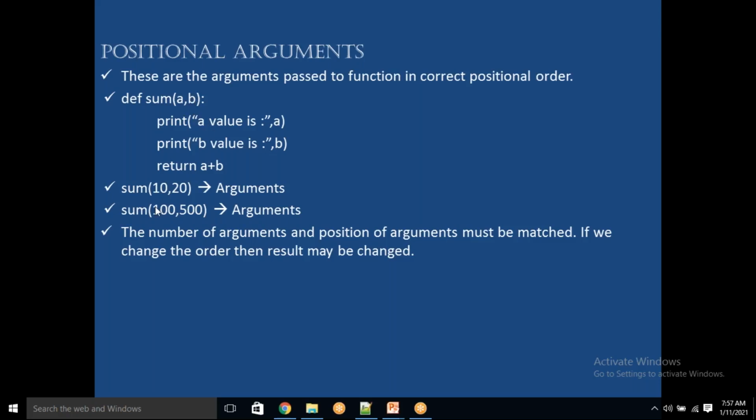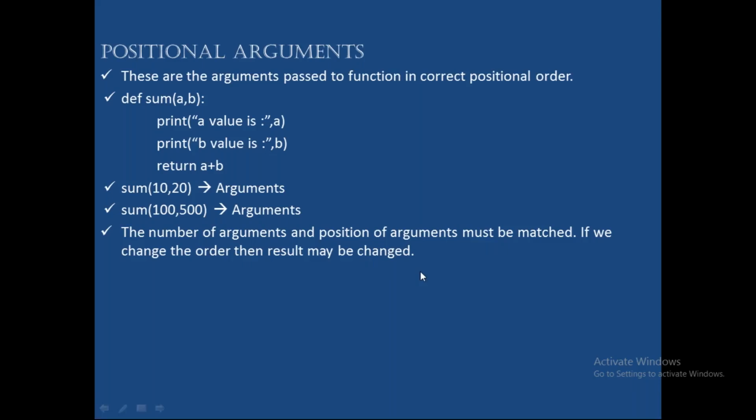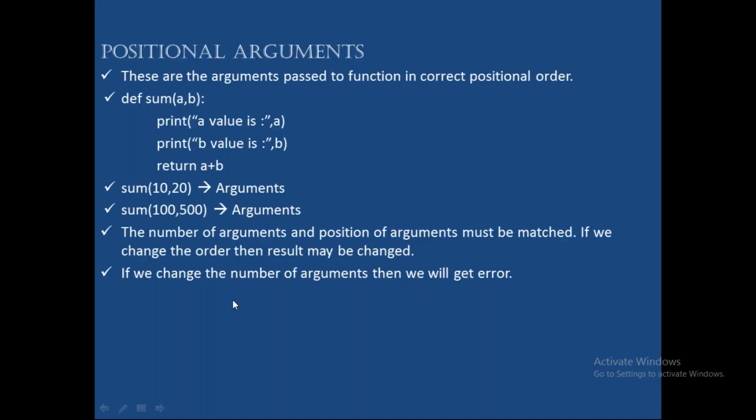If you send 100, 500, 1000, three values, where do I use the 1000? 100 is assigned to a, 500 is assigned to b, so where do I assign the 1000? It will throw an error. That's why the number and position of arguments must match. If we change the order, the result may change. If we change the number of arguments, we will get an error. I will give you examples in our Databricks notebook, but you can imagine.